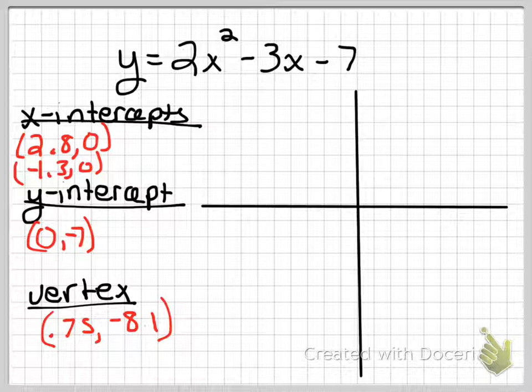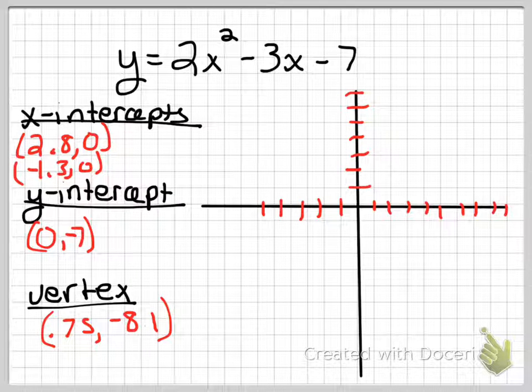So I'm going to graph this. I guess my units can be 1 all the way around. So 1, 2, 3, 4, 5, 6, 7, 8, and so on. You'll see what I'm doing. I'm just giving myself some tick marks so that I can count. I'm not even putting my numbers on there.